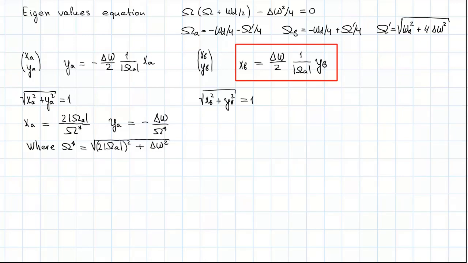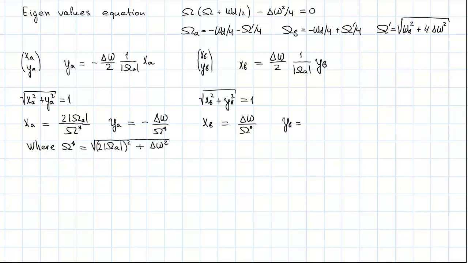By inserting these relations between xb and yb into the normalization condition, we obtain the following expression for xb and yb. xb is equal to delta omega divided by omega star, and yb is equal to 2 omega a absolute value divided by omega star.